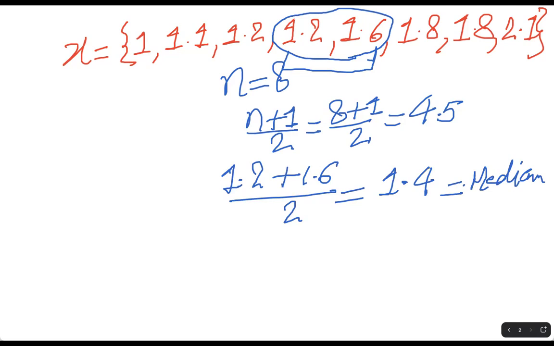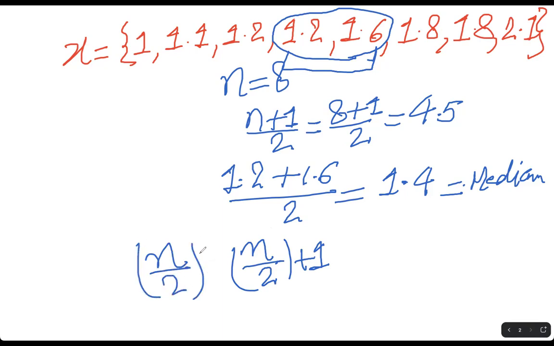So if n is even, basically what you do is you take the point at index n by 2 and the point at index n by 2 plus 1.